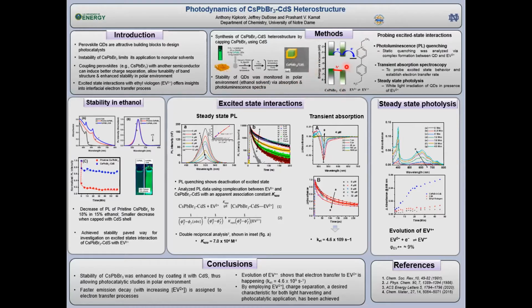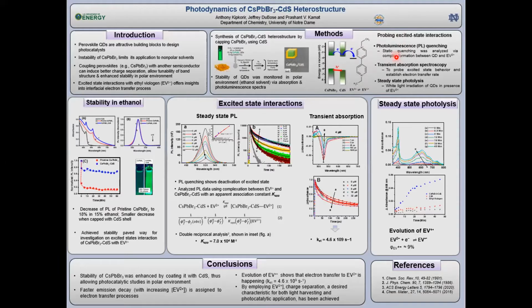And thereafter, when we realized it's stable in ethanol, we were able to check its excited properties using ethyl viologen. And these are just the energetics telling us where the electrons and the holes are going.